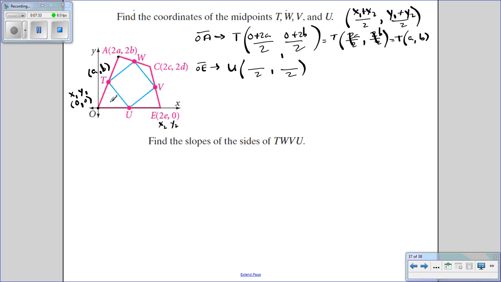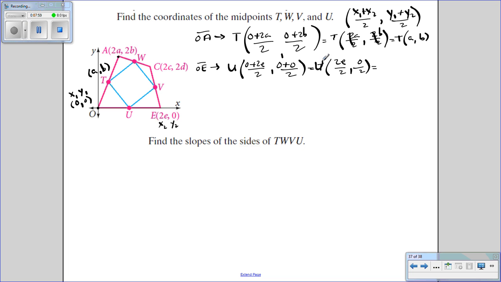So let's plug our points in. So x1, x2, it's going to be 0 plus 2e, and then 0 plus, in this case, 0. Simplify the top. 0 plus 2e is 2e. And 0 plus 0, well, that's 0.